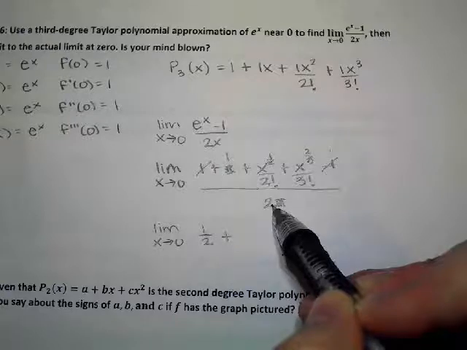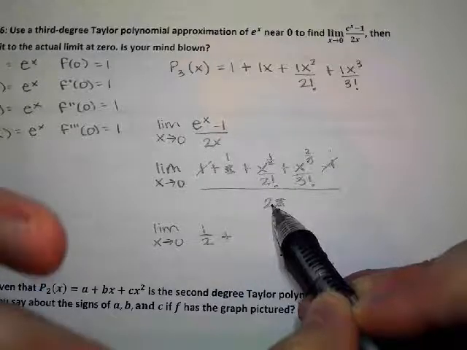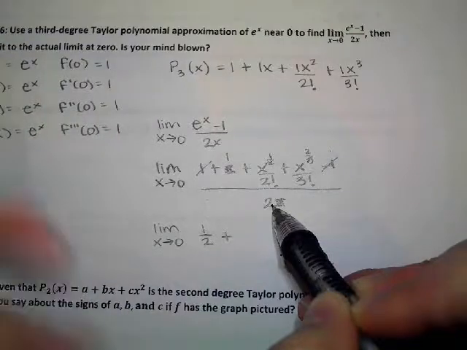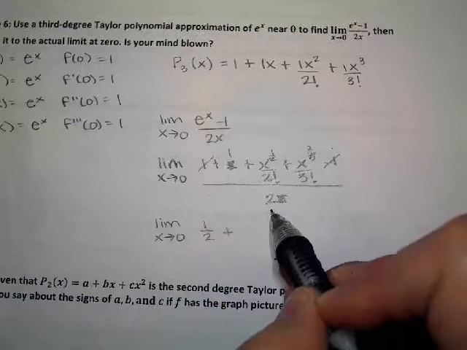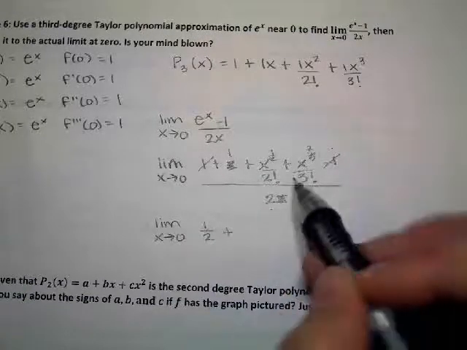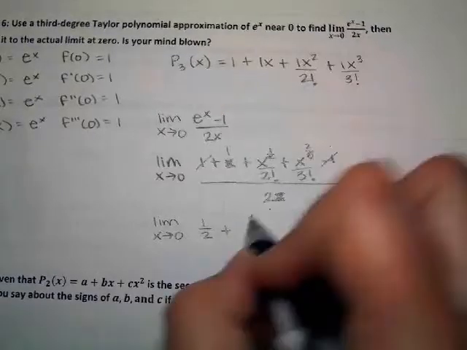What's 2 factorial? It's 2 times 1, right? So it's just 2. And then 2 divided by 2. Think about a 2 on the bottom of a fraction and another 2 on the bottom of a fraction. 4. 4, okay. Are we okay with that?